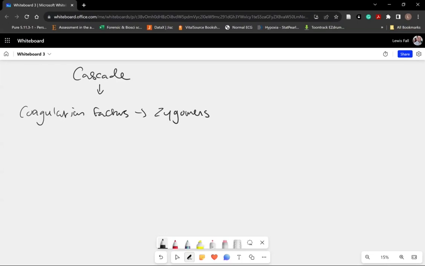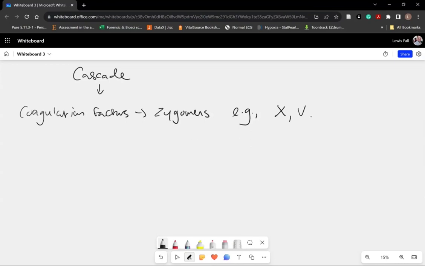Now, what does that mean? It means that they are what is called inactive precursors. So, an inactive precursor would be, let's use factor 10, because they're all in Roman numerals.